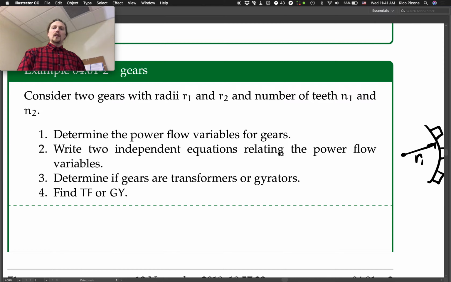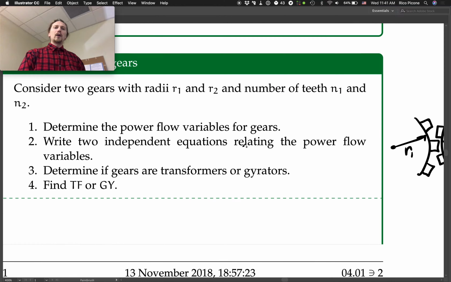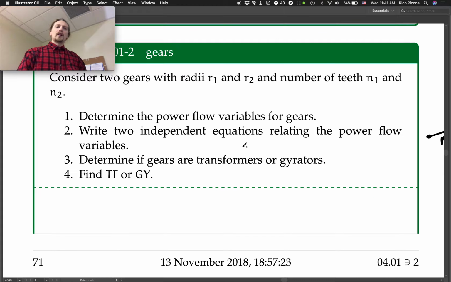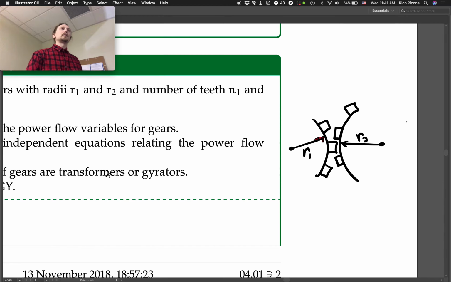Then first off, let's determine what the power flow variables are for gears. So we're definitely working with rotational mechanical systems when we work with gears, right? I mean, you can have a rack and pinion, which could be a relationship between a rotational and a translational mechanical system. But when they're two conventional gears, those are both rotational, right?